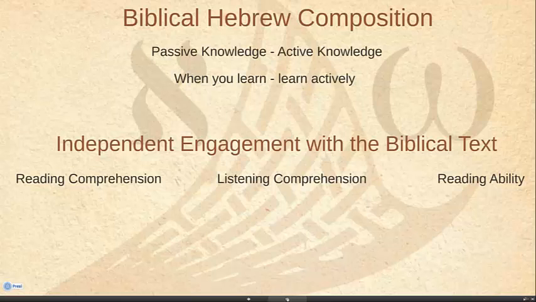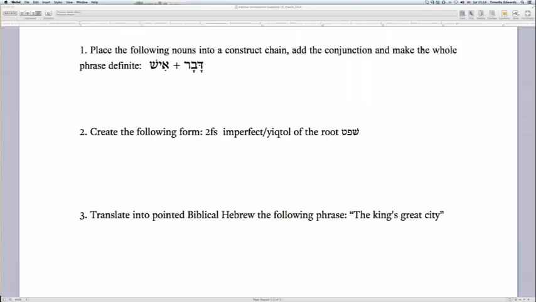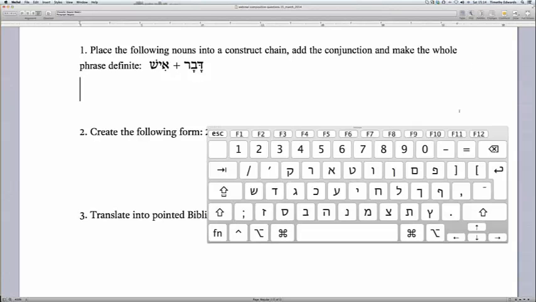So, having explained the rationale behind us making you compose in Hebrew, let's look at a couple of examples. If I bring 3 questions up. Now I'm on a Mac, so I'm just going to change to my Hebrew keyboard, and I'll show it just because I imagine the majority of the students we have will be working with the keyboard on a screen like this.